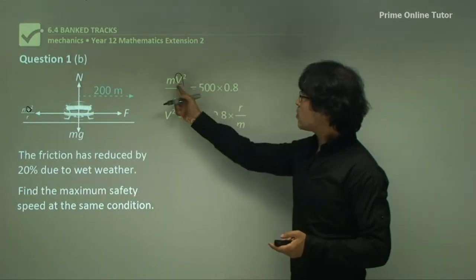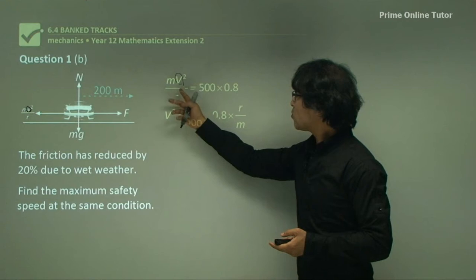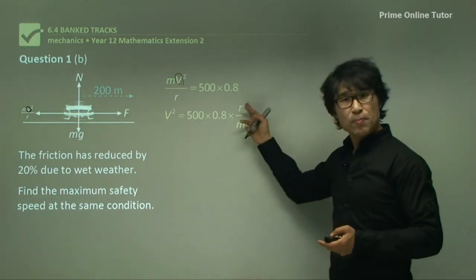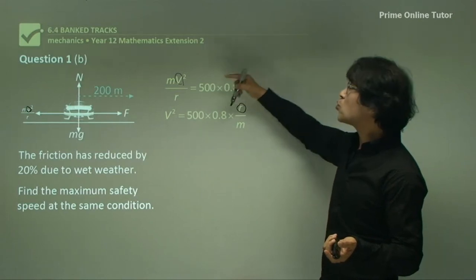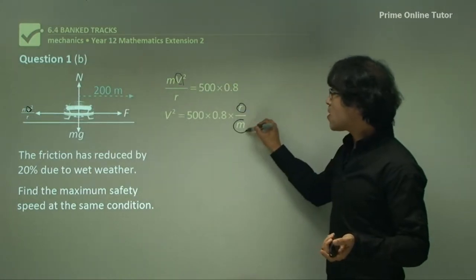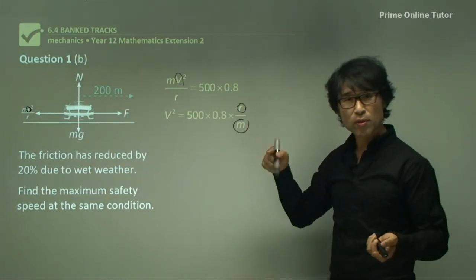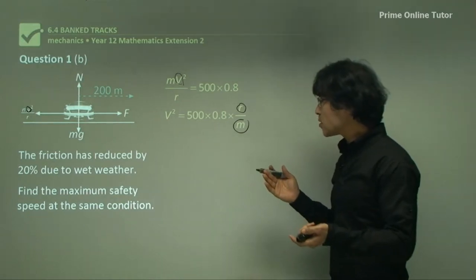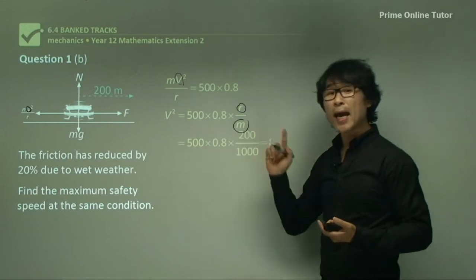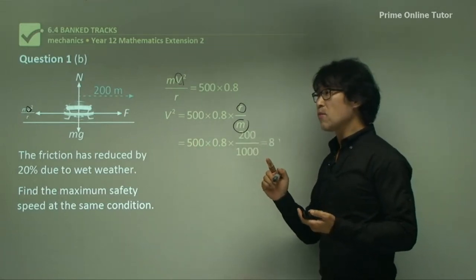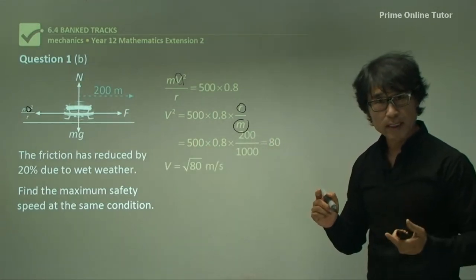Therefore velocity squared equals, so you move mr up there, and just calculate it. What's r? 200 meters. m is 1,000 kilograms for the vehicle. Substitute in and you get the value. So velocity squared is 80, which means the velocity equals the square root of 80.